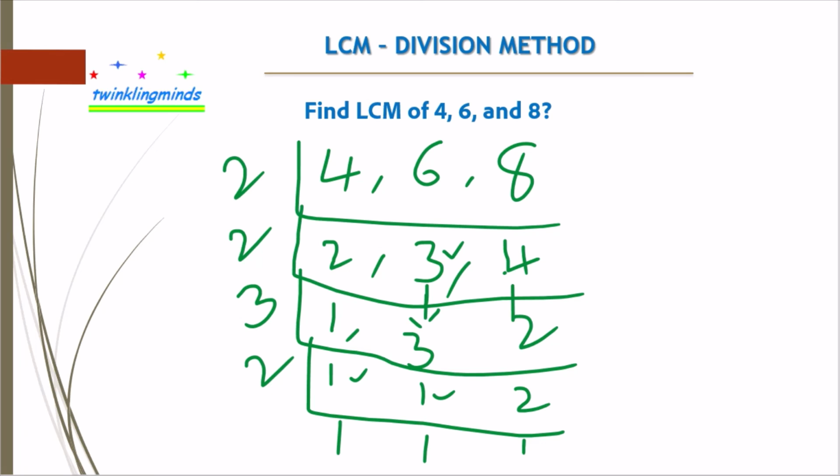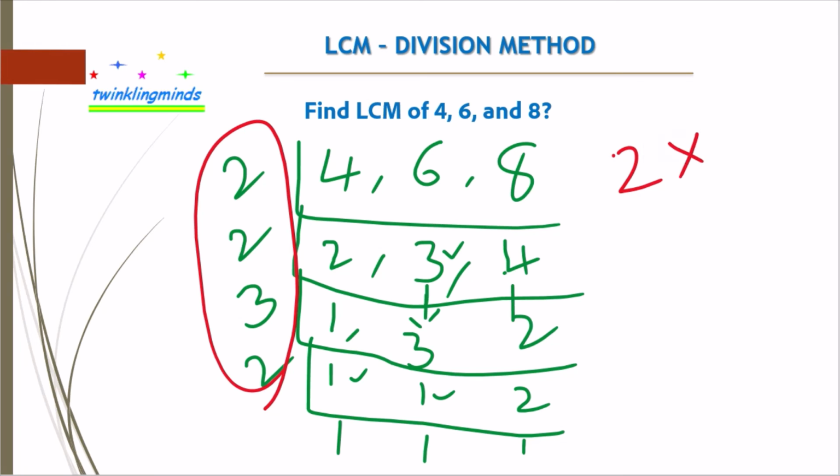Now your LCM is nothing but the product of these. So 2 multiplied by 2 multiplied by 3 multiplied by 2 again.